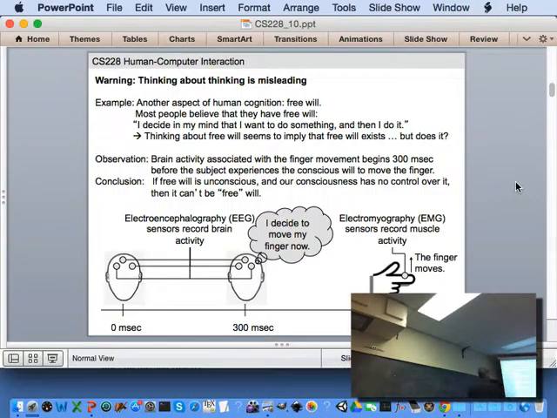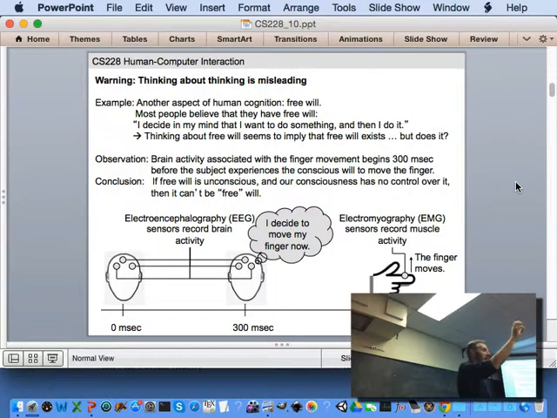They looked at the EEG patterns, or the electrical patterns in the brain, of the participants at the moment in time when they decided to move their finger. And the pattern was obviously different for every subject, but there were particular patterns that were consistent for the same subject if they did this a bunch of times. So if I was in the lab wearing the EEG helmet and I did this 20 times, they had the EEG data for 20 points in time, which were the 20 points in time when I decided to move my finger.